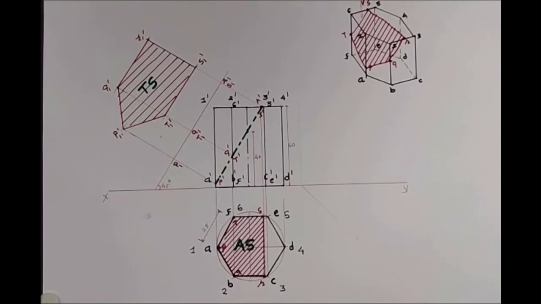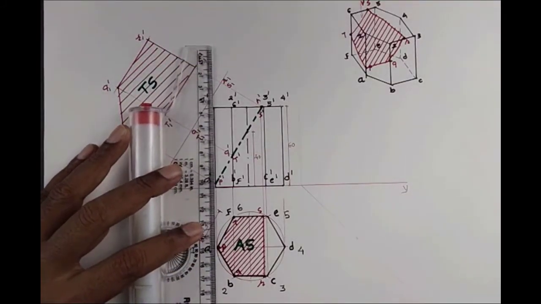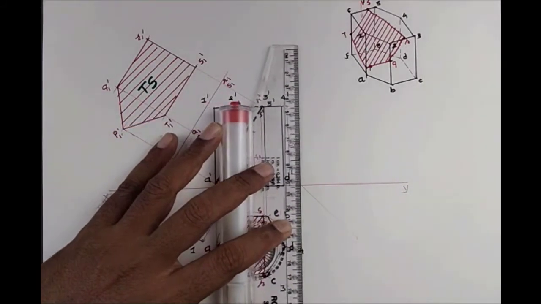Now the section on side view. For that, first we draw a perpendicular line. Now we know the side view is in our profile plane.